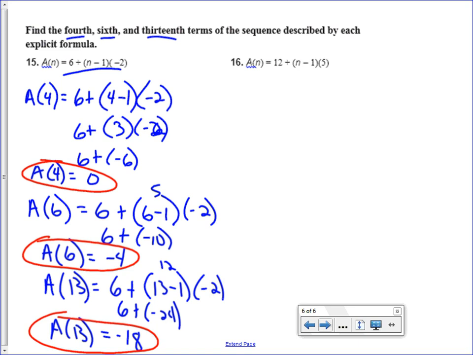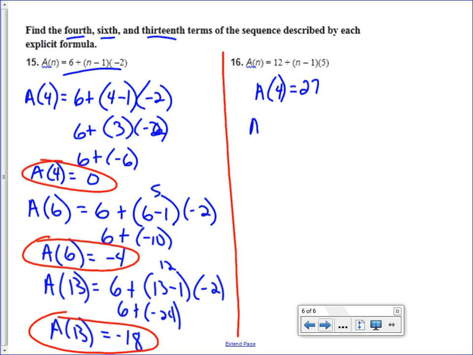Okay, so I will let you try number 16 here, and then I'll give you the values that you should have had. Okay, so for the fourth term here, you should have had a 27.